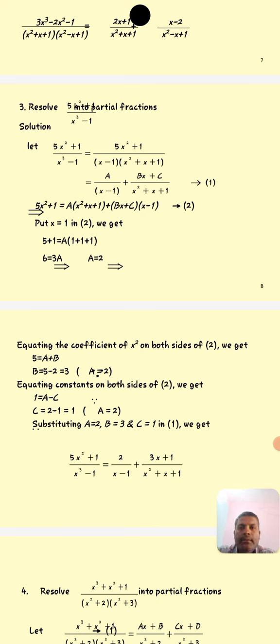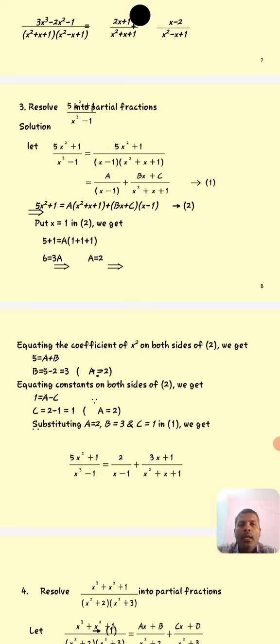Let us see the numerator and denominator. Here the numerator degree is 2, the denominator degree is 3, so this is a proper fraction. Let 5x square plus 1 divided by x cube minus 1. We have to use the a cube minus b cube formula.